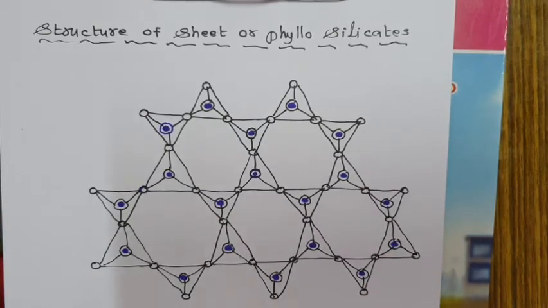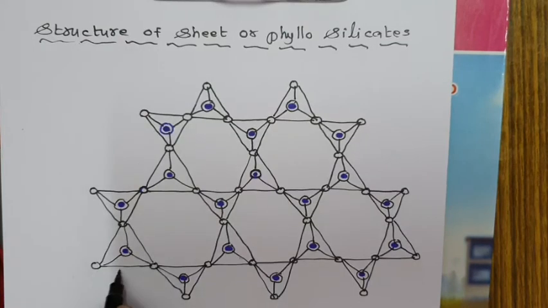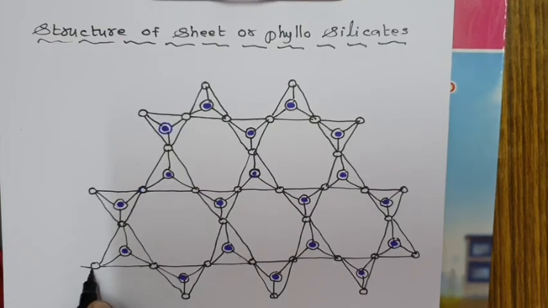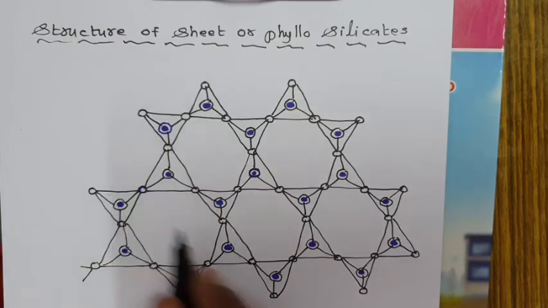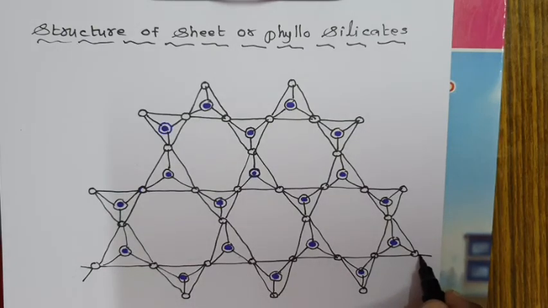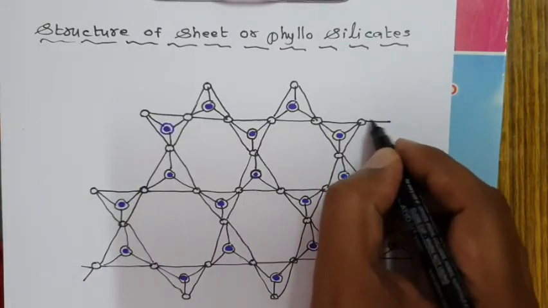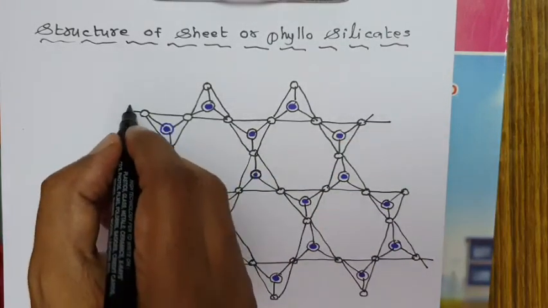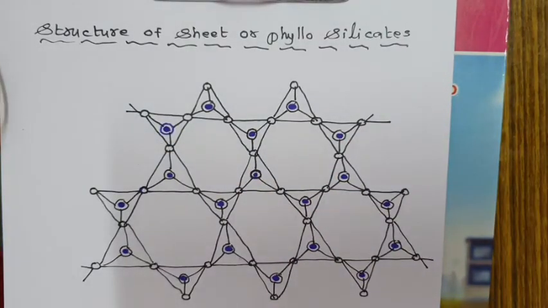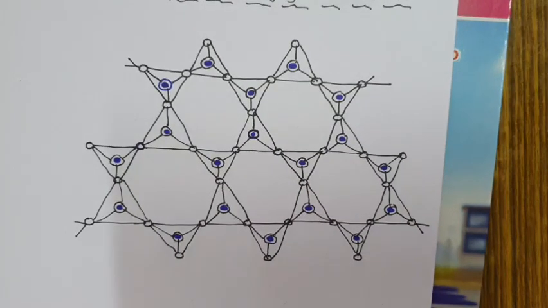So this chain continues, that is indicated by this continuous bond and this continuous bond. Here also this chain continues, here one bond, here one bond. It works as one sheet, another sheet. This sheet continues. So this is your structure of sheet or pyrosilicate.